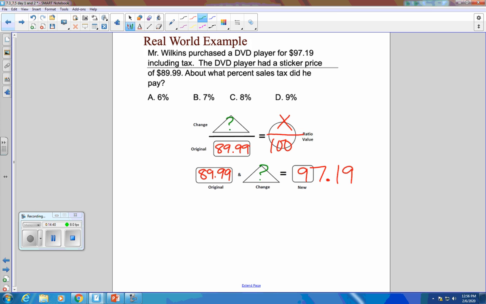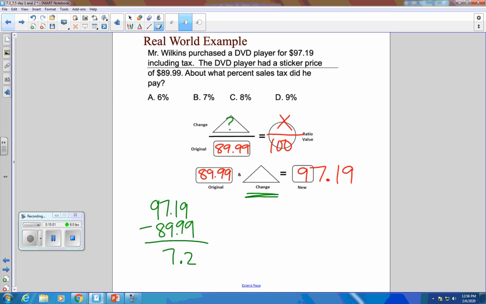So now I have to figure out my triangles, which will be my question marks, and my X value. So instead of cross multiplying first, because we have two unknowns on the top, I'm actually going to solve for the triangle down here. I'm going to take 97.19 and subtract 89.99. And from there, I get 7.2. So my triangle is 7.2, because 89.99 plus 7.2 gives us $97.19.